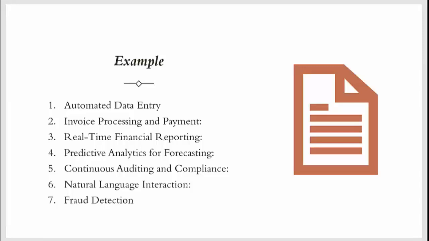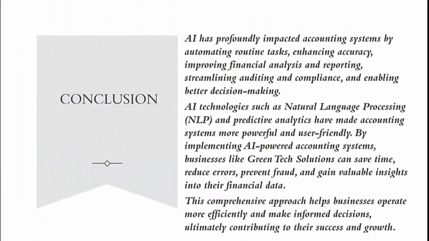Conclusion. AI has profoundly impacted accounting systems by automating routine tasks, enhancing accuracy, improving financial analysis and reporting, streamlining auditing and compliance, and enabling better decision-making. AI technologies such as natural language processing, NLP, and predictive analytics have made accounting systems more powerful and user-friendly.